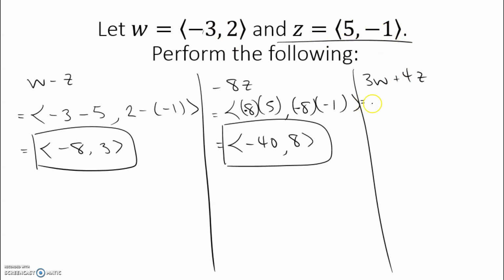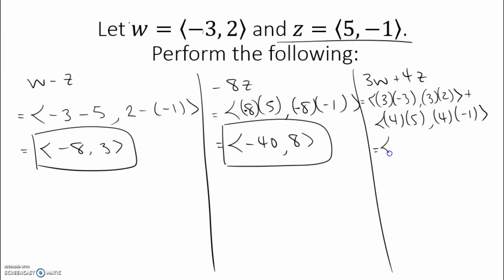So this is 3 times negative 3, comma, 3 times 2, plus 4 times 5, comma, 4 times negative 1.